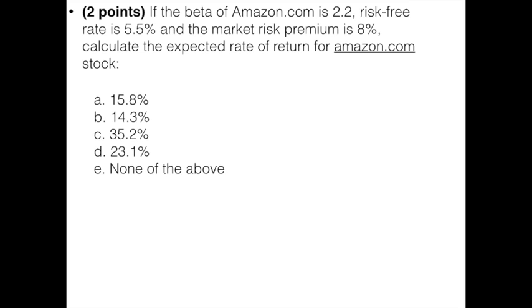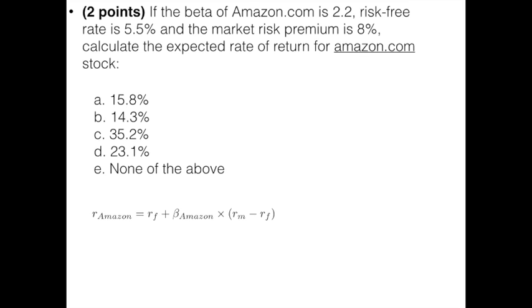If the beta of Amazon is 2.2, the risk-free rate is 5.5%, and the market risk premium is 8%, calculate the expected rate of return on Amazon stock. So we use the capital asset pricing model to solve this problem. And the capital asset pricing model tells us that the return on Amazon stock should be the risk-free rate plus beta of Amazon times the market risk premium.